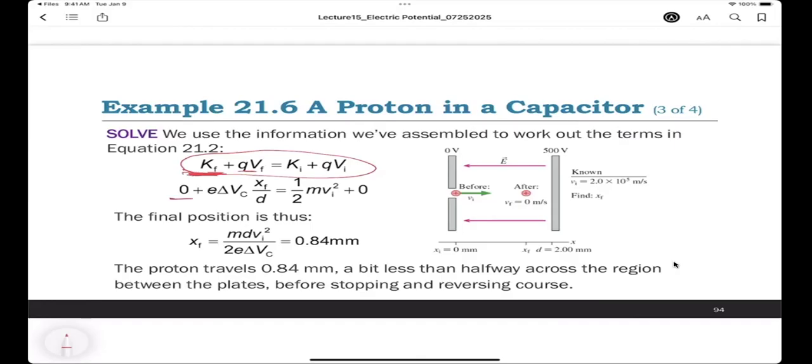The charge q is e, and this is the final voltage. The final voltage is just delta V times xF divided by D, because here is xF and the total is D. So we just use this equation.